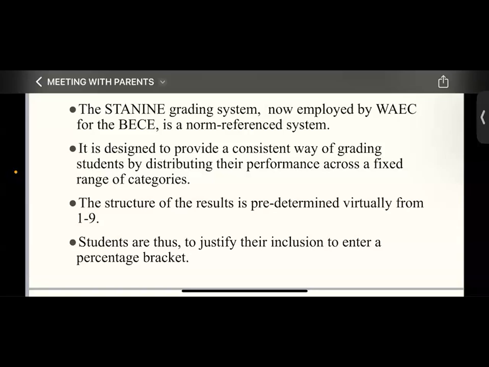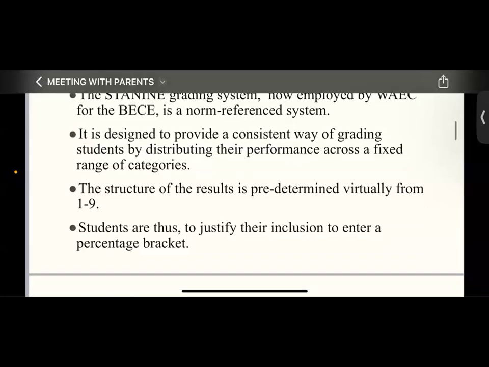The structure of the results is predetermined virtually from 1 to 9. The student is to justify his or her inclusion to enter a certain percentage bracket. You are not going to fight for 80 to 100 and say, once I've gotten 80, I am getting my 1. That is not how it works now.